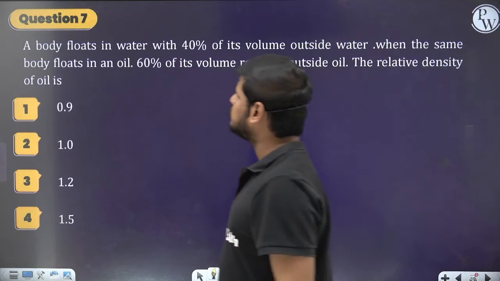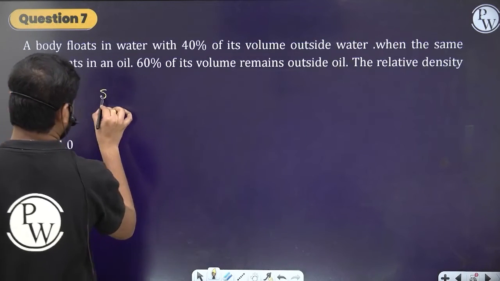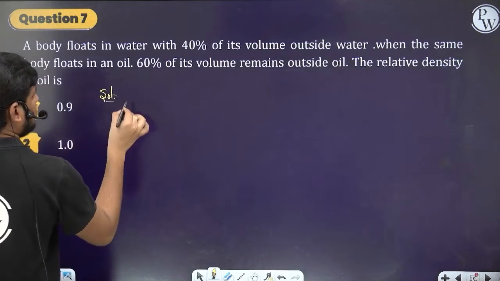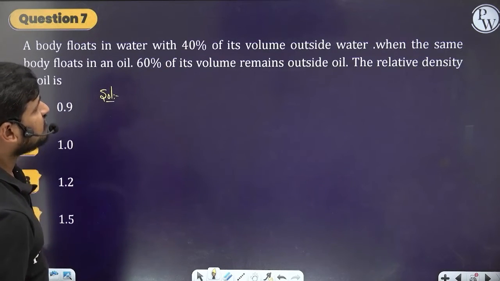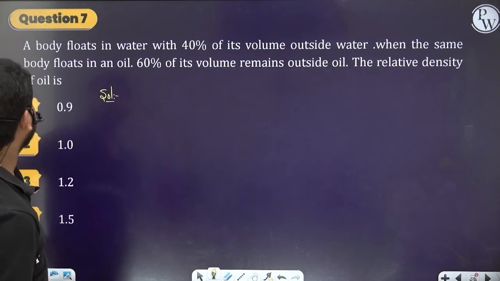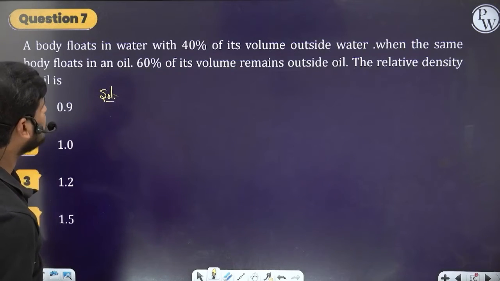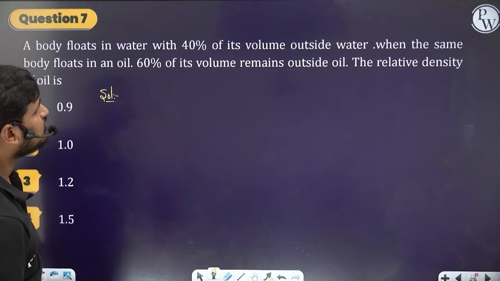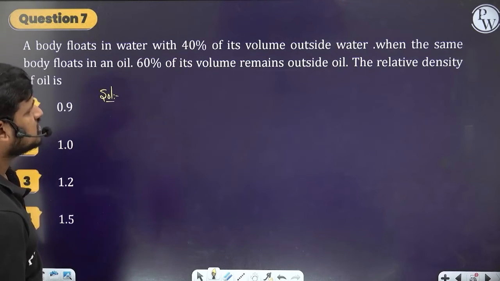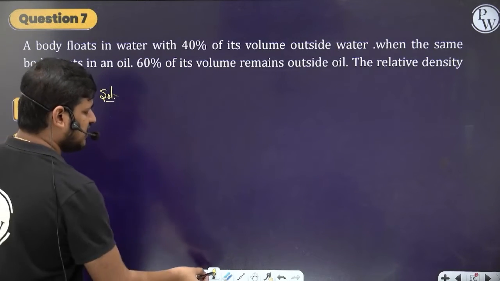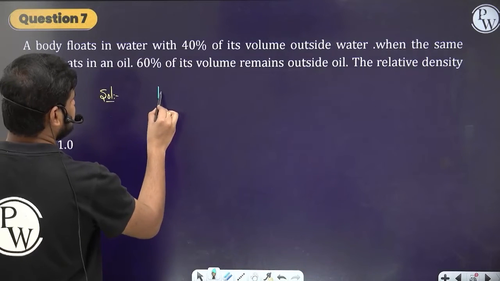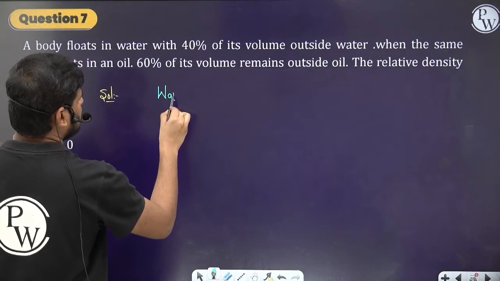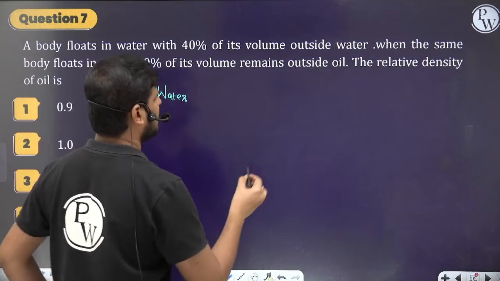So we have got one more question. Let's try to solve this question on your own. A body floats in water with 40% of its volume outside the water. When the same body floats in an oil, 60% of its volume remains outside the oil. So the relative density of the oil is? There are two liquids here, one is water and the other is oil.